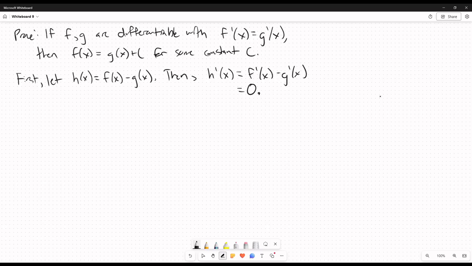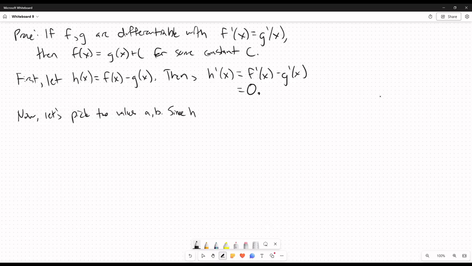So let's go ahead and look at the mean value theorem. Now, let's pick two values, a and b, and let's just plug them into the mean value theorem.